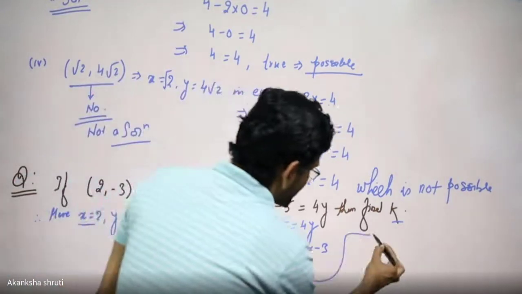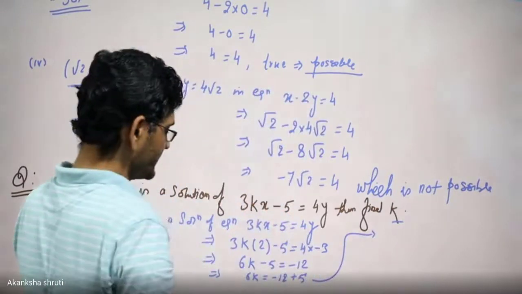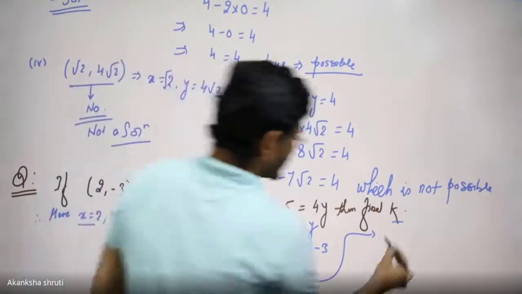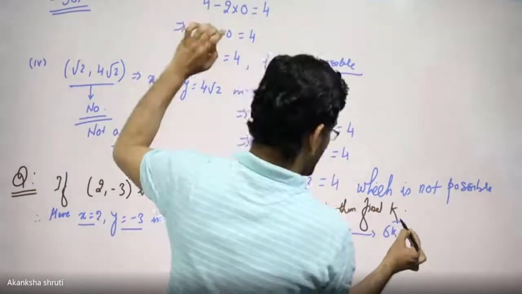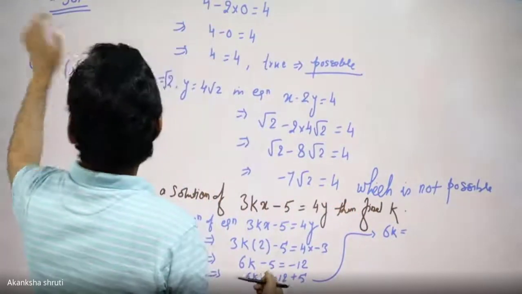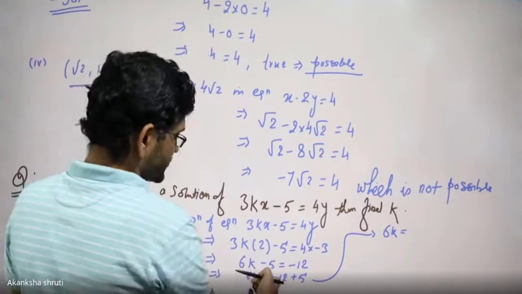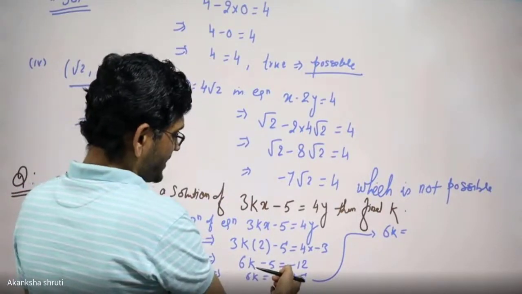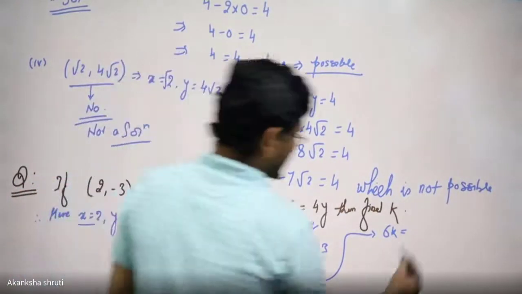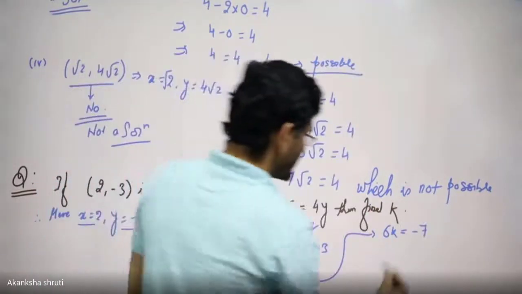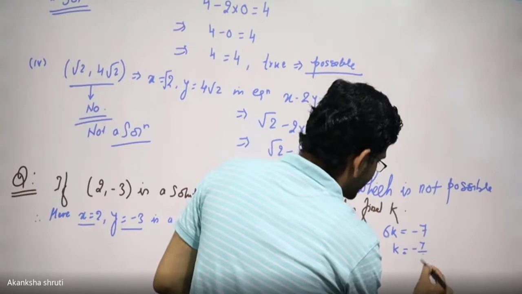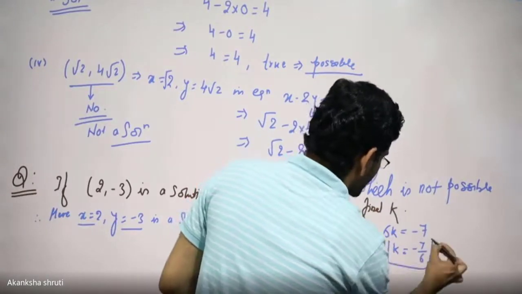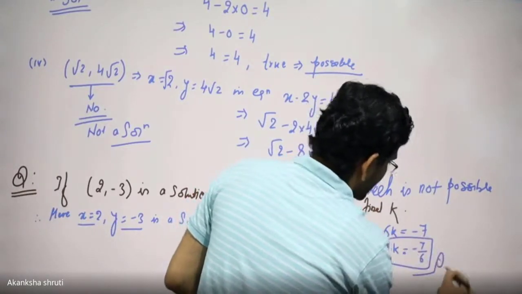This implies, I am writing here, students, 6k becomes equal to, adding this, minus 12 plus 5 becomes minus 7. Therefore, k is minus 7 divided by 6. So this is the required answer.